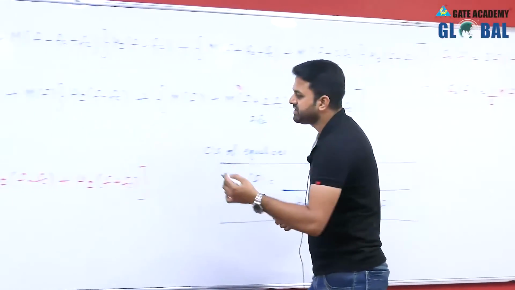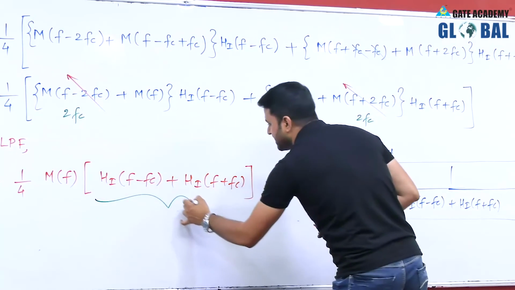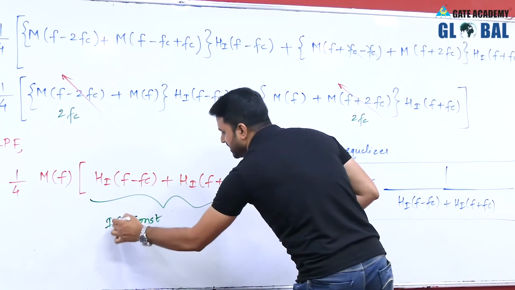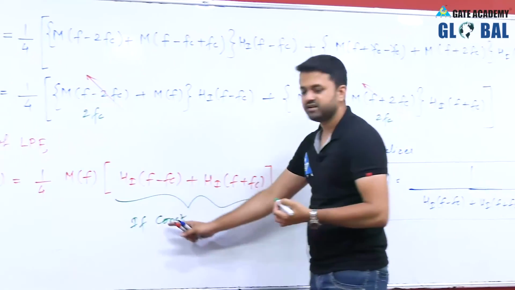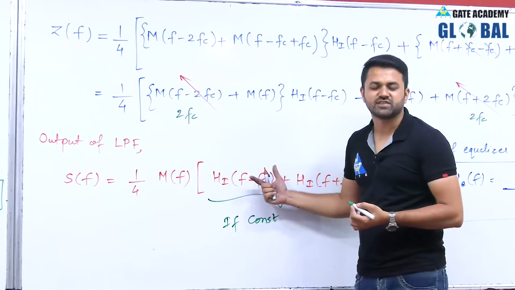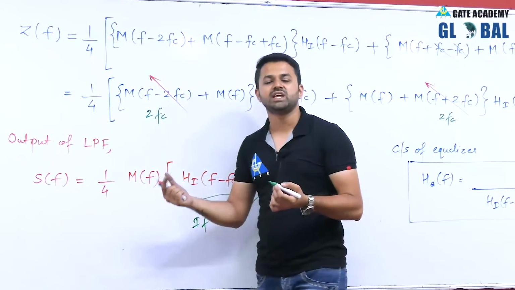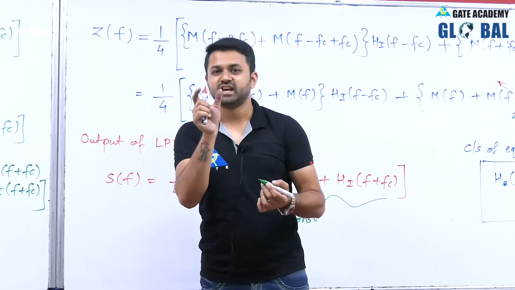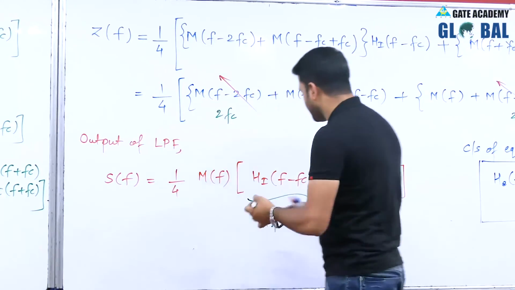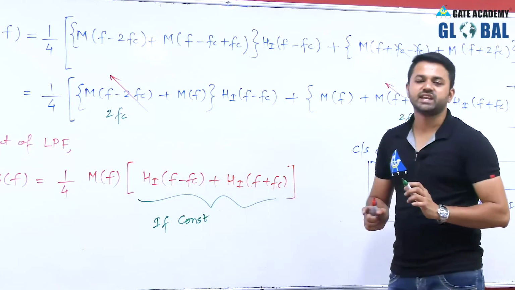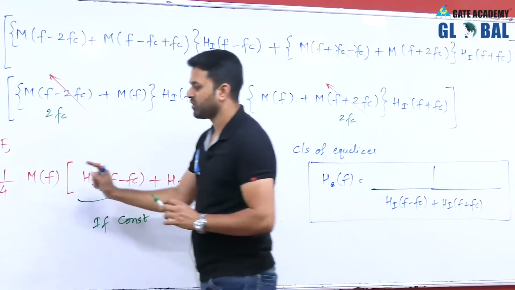Or if the value of this is constant, then we will get 1/4 M(f) and some constant value. That will affect only our message signal amplitude, not its frequency range. So if this is constant, then also we can get the message signal properly.